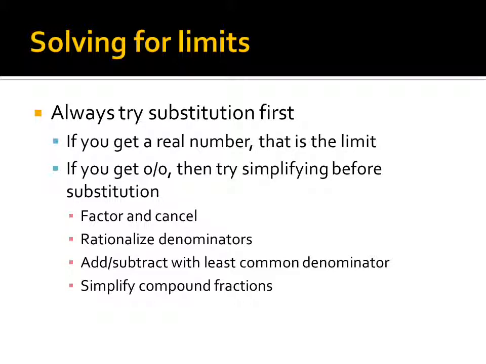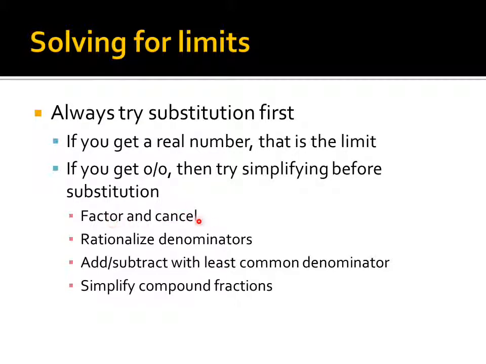And there's 4 main ways you can simplify. You can factor and cancel, which is essentially what I did with the g of x function. I took the factor x minus 2 in the numerator, canceled it out with the x minus 2 in the denominator, and was able to then substitute and solve.